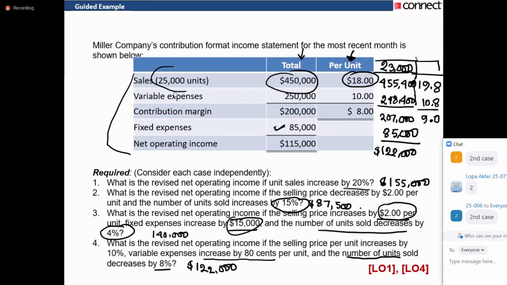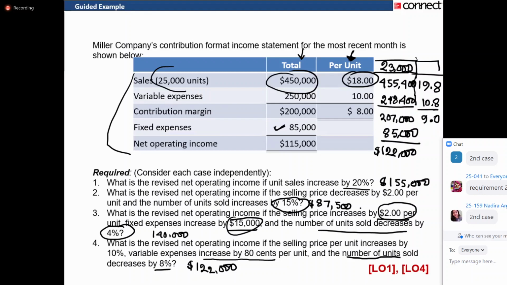Number 2. But you see, in all cases, we are far from our break-even point. So as long as we are far from break-even sales, that's why our net operating income is far from the $0.